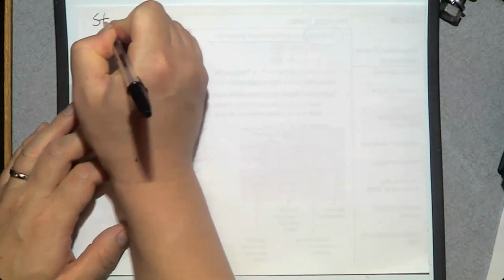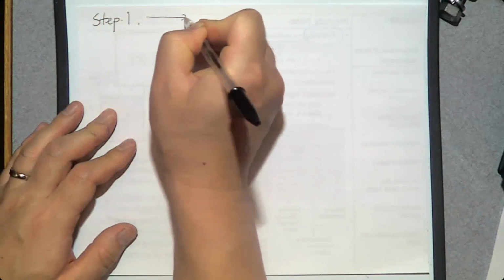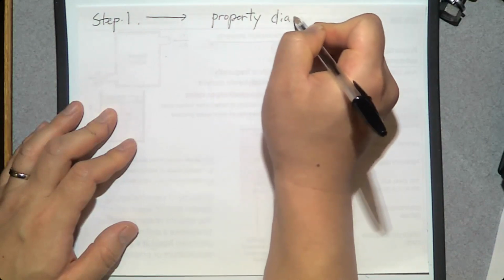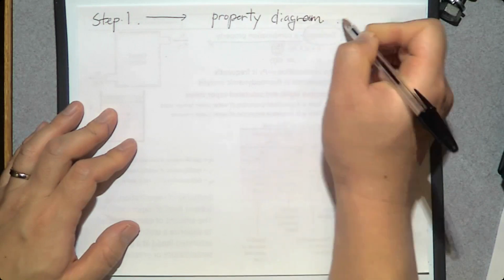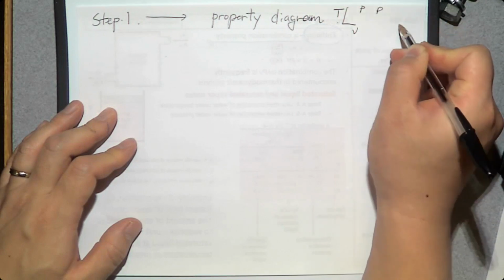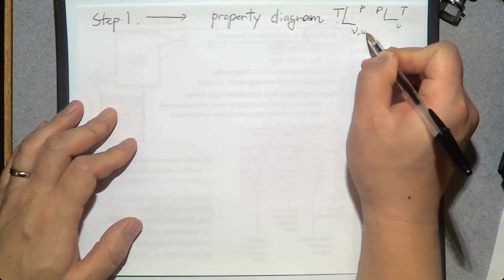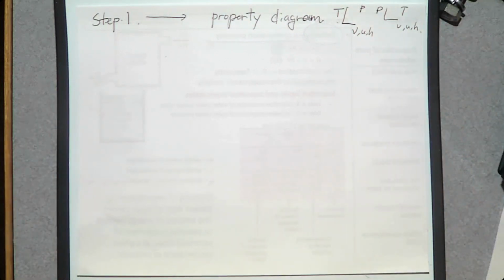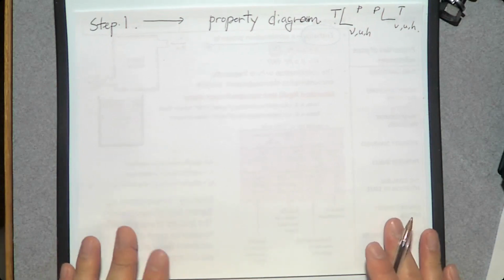Then let's go to the second step to evaluate a property. Again, let me review. The first step is always step number 1: make a property diagram. So what are they? Pv at a given pressure, or Pv at a given temperature, or PU or PH. Now we know how to make them. Once you are able to make these property diagrams and determine the phase change process, now step number 2.